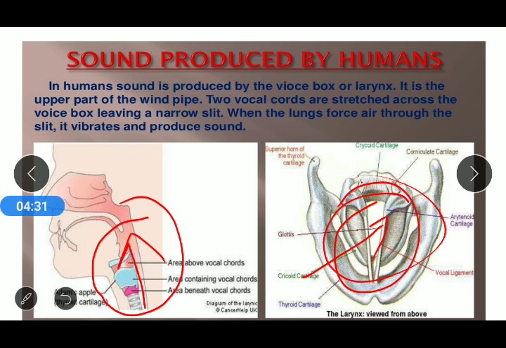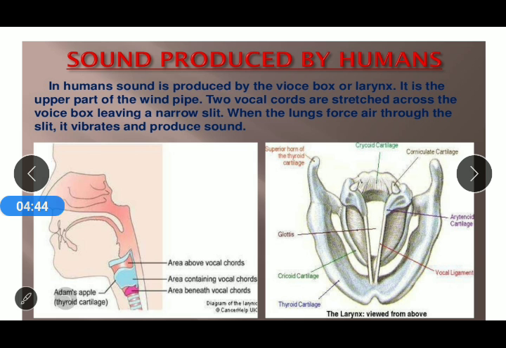Vocal cords vibrating means vibrations are created in them, and when vibrations are created, they can produce sound. Whenever we try to speak something, each and every time the vocal cords vibrate, and as a result we are able to speak, or in other words, we are able to produce sound.